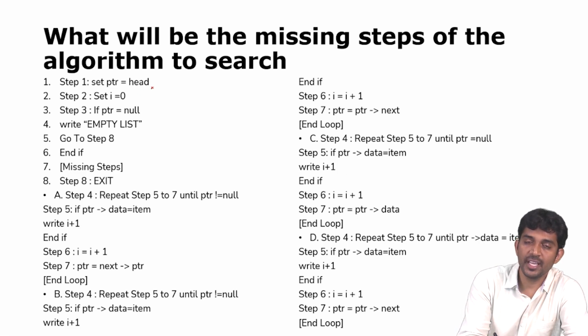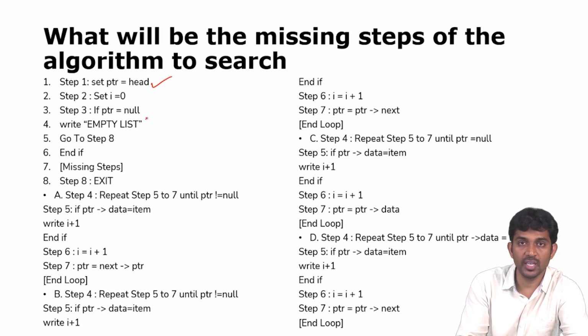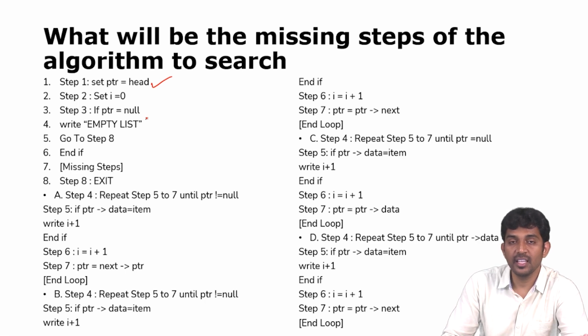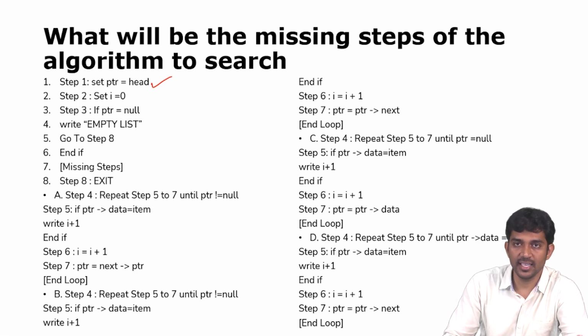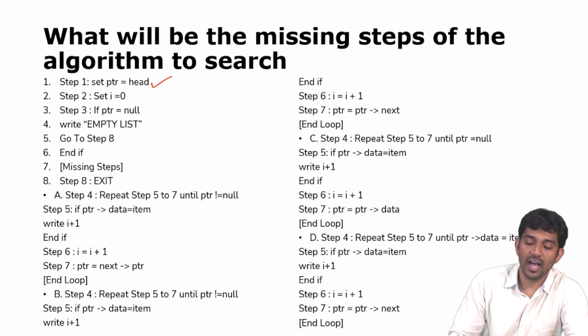So ptr equal to head and set I equal to 0. If ptr equal to null, it is an empty list. If the head is null, then by default the linked list is null only, right? Go to step 4, go to step 8. You need to exit the program. Otherwise, end if. This is the end, and it comes to here.